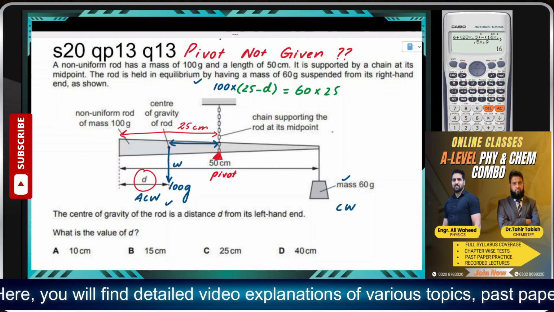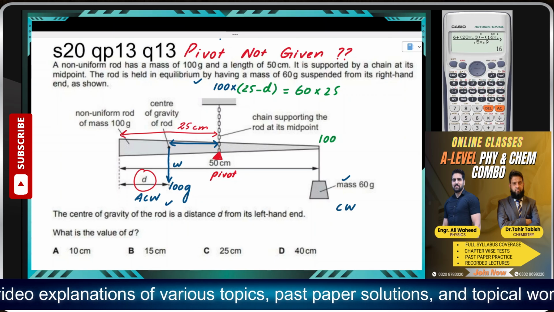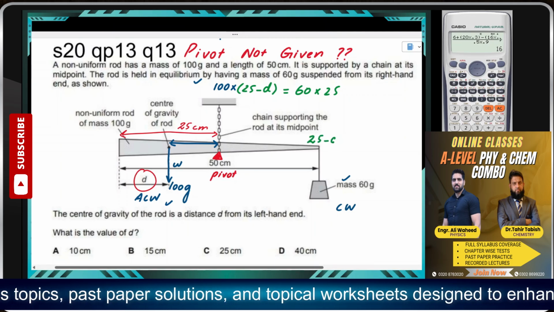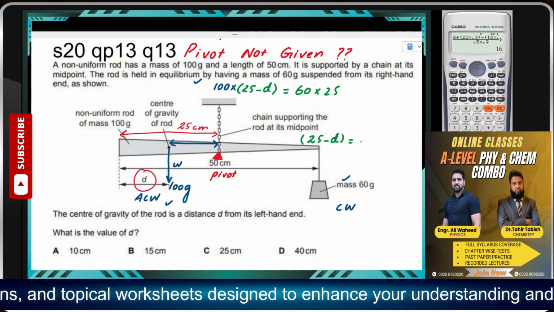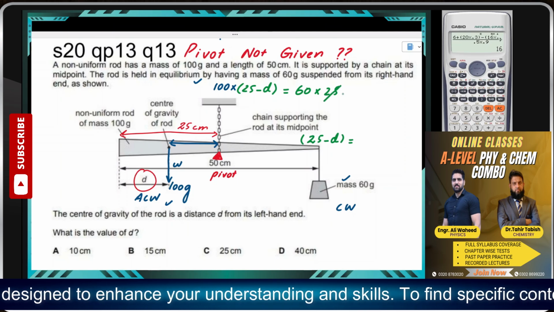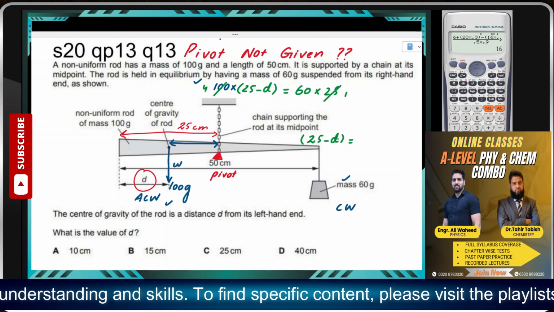So let's do it this way. 25 minus d can stay there, all of it, and we can take 100 to the other side. Or you can also do it this way: 25 ones, and then 25 fours are 100.